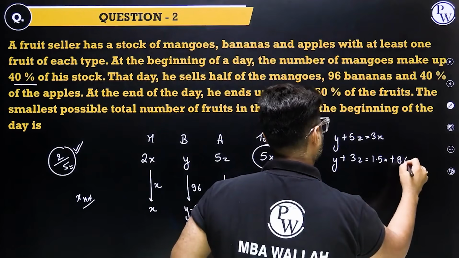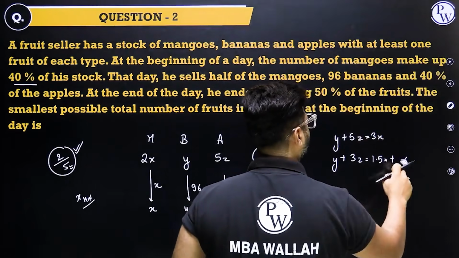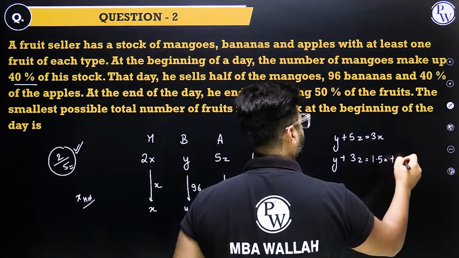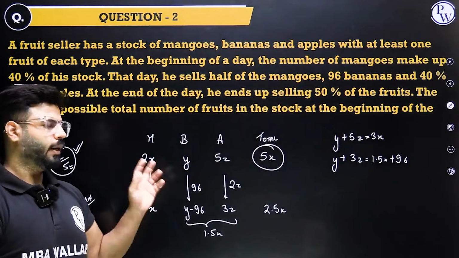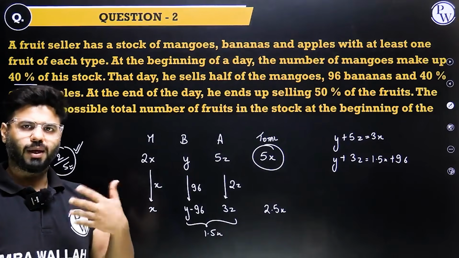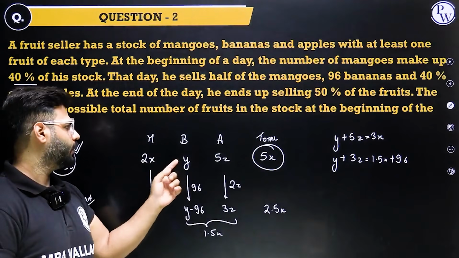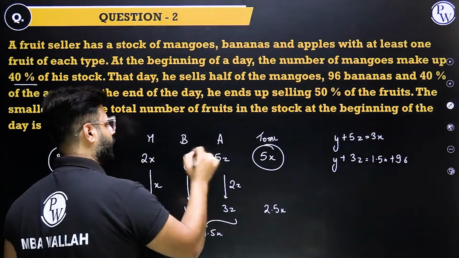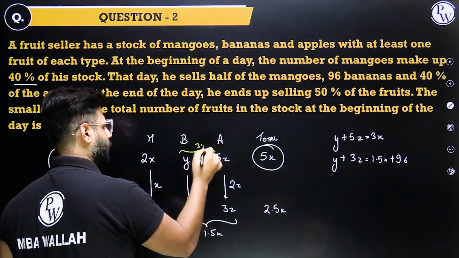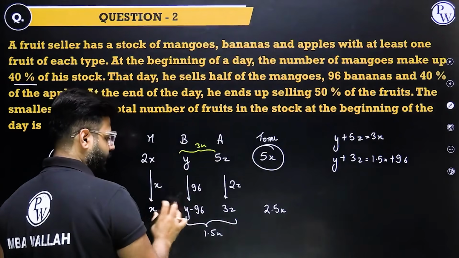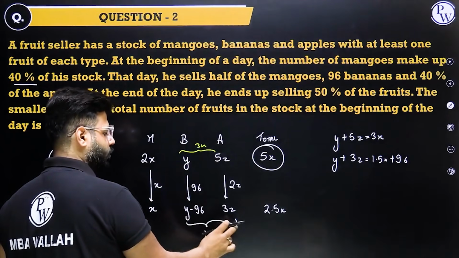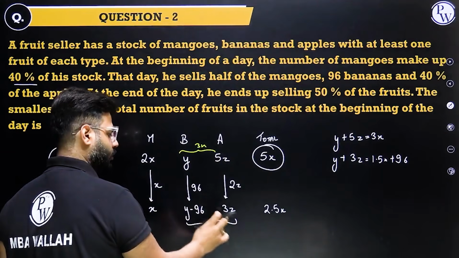So you have to be quick in your approaches, in your thought process. I was making an equation in two variables, y and z. This was very simple since this is 2x, total is 5x, so this has to be 3x, 2 plus 3, 5x, y plus 5z, 3x. This is x, remaining has to be 1.5x. This goes over here, this plus this equals this goes over here, right?